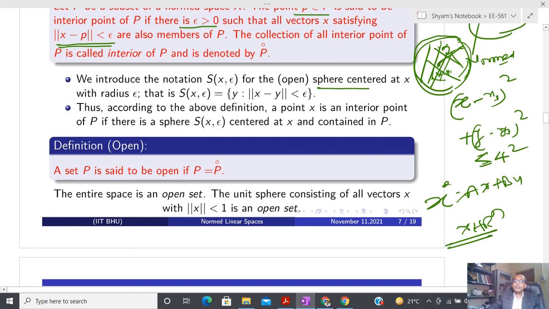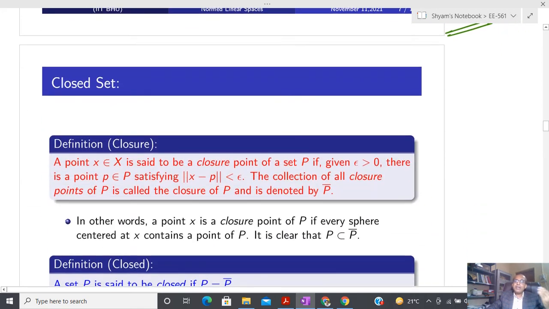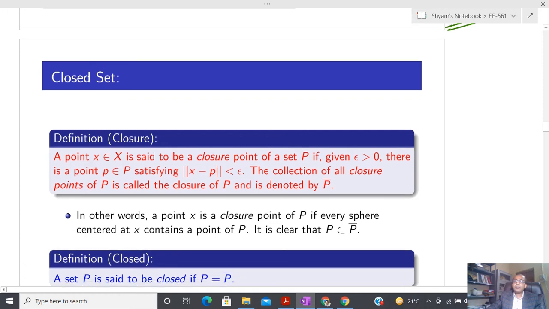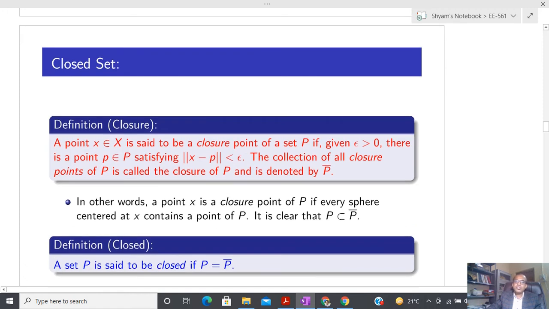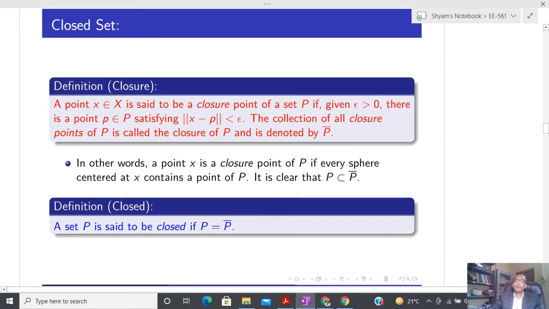Now let us come to the next definition. Whenever we define open, obviously we are going to define closedness. So in order to define the closed set, first I have to define the meaning of closure. Here, whenever we define open, I have a vector space, a normed linear space, and a subset of it.